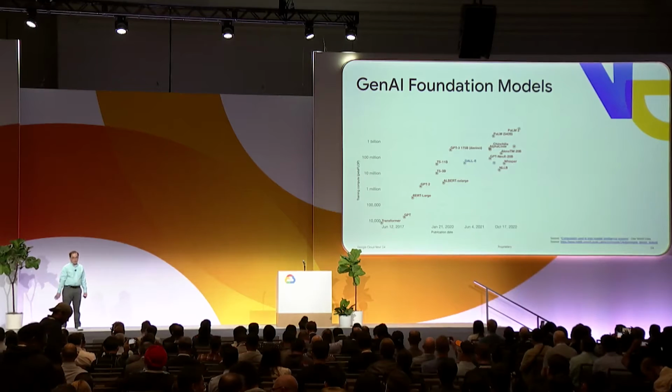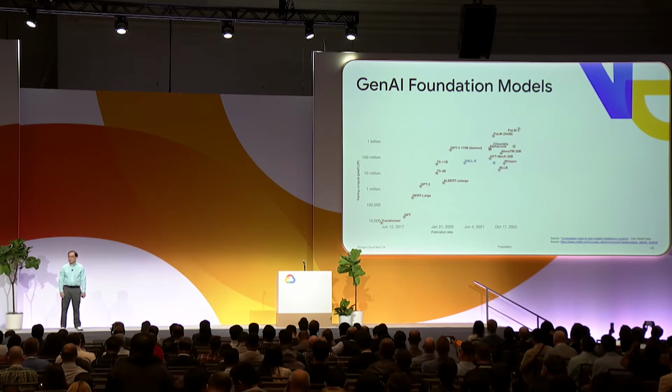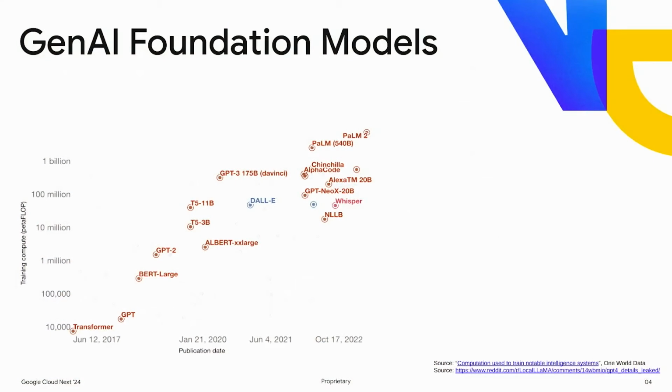So to start with, I think everybody here is really familiar with what we've seen over the last couple of years in the compute demands that have grown from the early days of the transformer in 2017 up until maybe Palm 2, which required over 1 billion petaflops of compute to train and seemed like a huge amount.